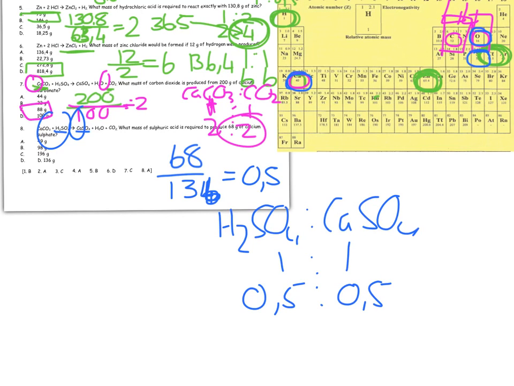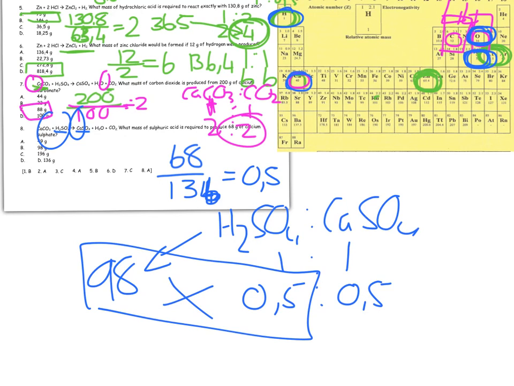Best I quickly make up some sulfuric acid here, and it's going to be 32 plus 4 times 16 plus 2 times 1, and that turns out to be a very convenient 100. So when I go half of, not 100, it's 98. So the sulfuric acid is 98, and when I multiply that by a half, I land up with 49 grams.